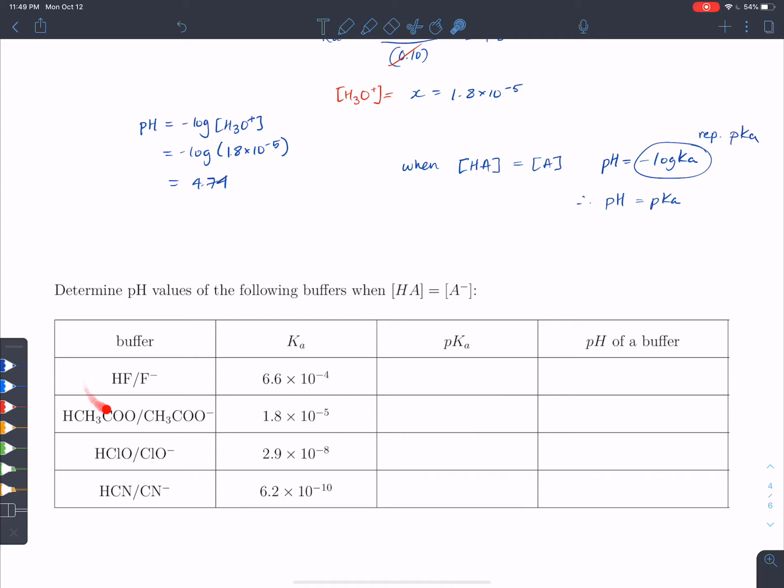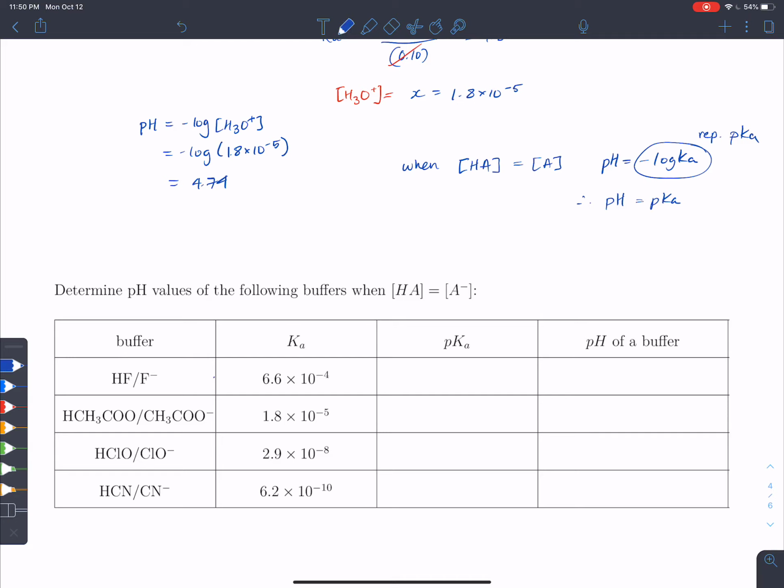So if we have this buffer right here, and this is our Ka, our ionization constant for our acid, if we plug that Ka in here and take the negative log of it, we are going to get our pH. We can also get our pKa because, like I said, the pKa is equal to the negative log Ka.